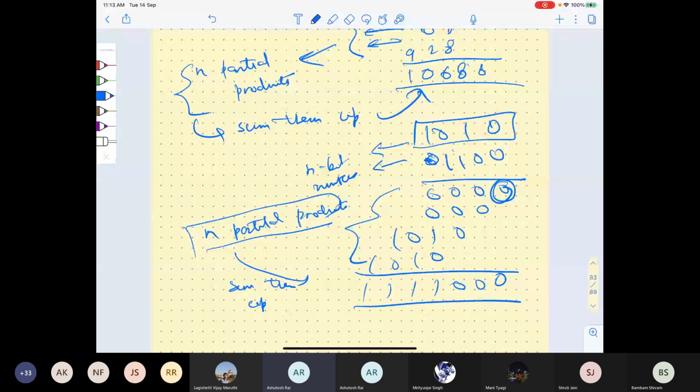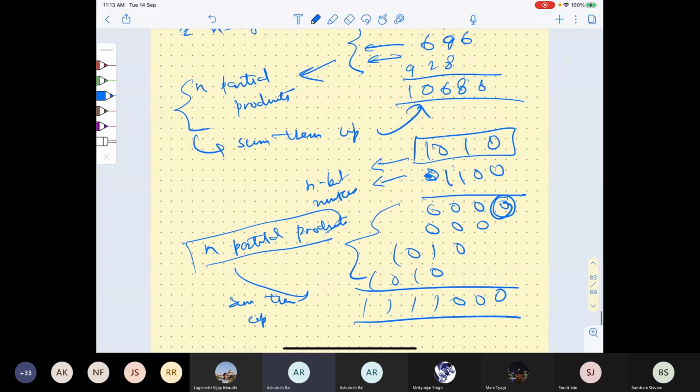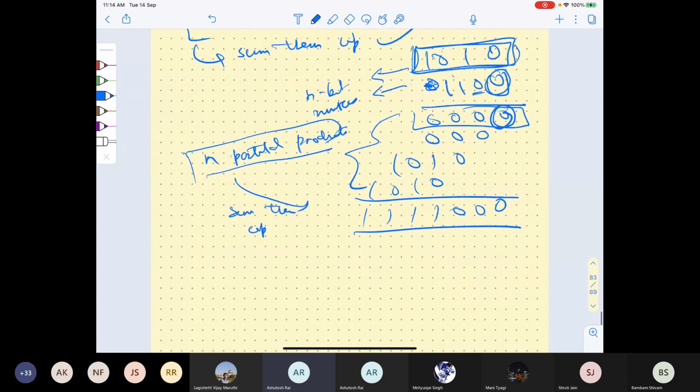So my question was, we get n partial products. How much time does it take to get one partial product? For getting each partial product, we take this number and multiply one bit or one digit of the number to the top number.